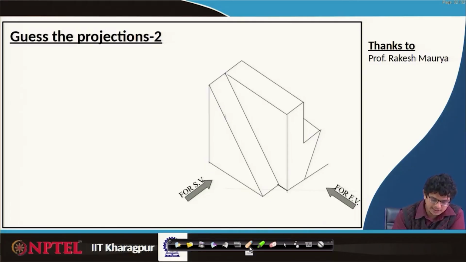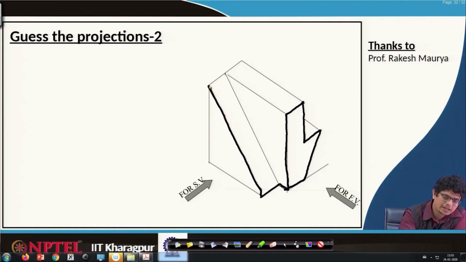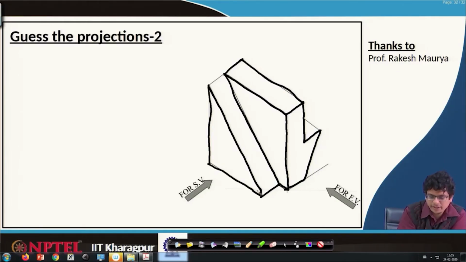The object is, we have something in that way, an inclined cut, in this way.